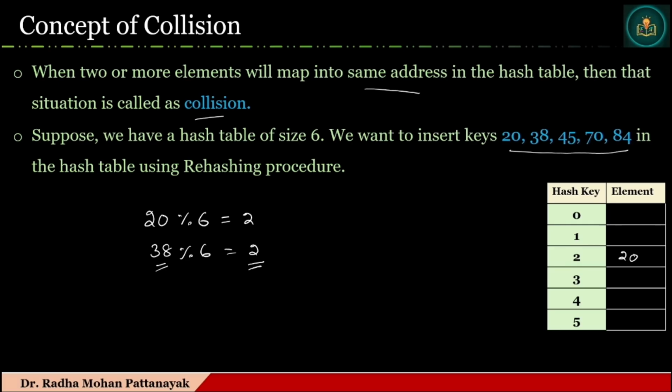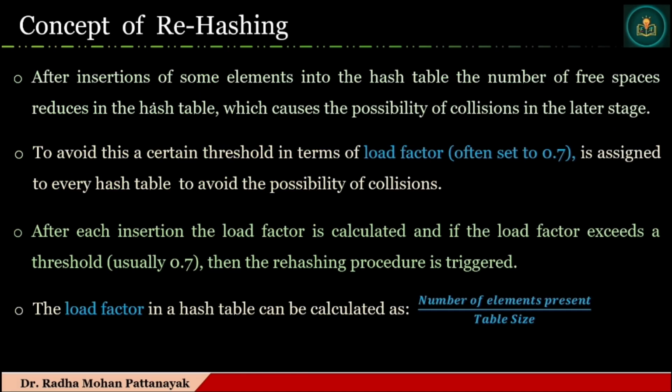Let's see how, by using rehashing, we will overcome the collision in hashing. Normally when we insert elements into a hash table, the number of free spaces reduces, and one by one the free space decreases, which leads to the possibility of collision at a later stage.